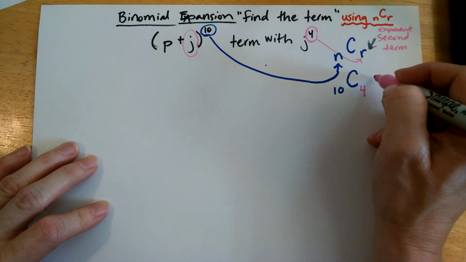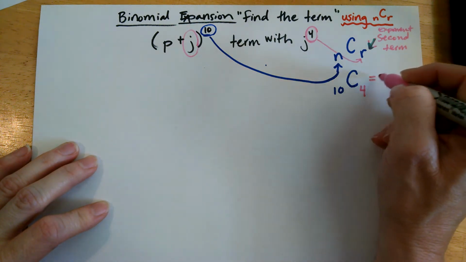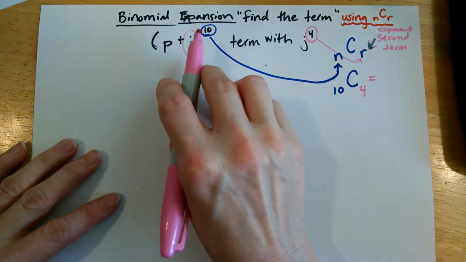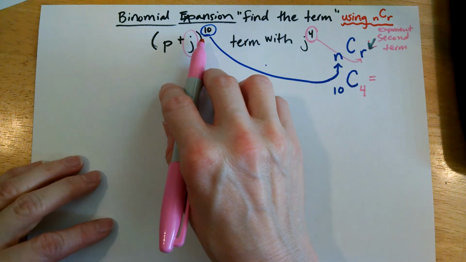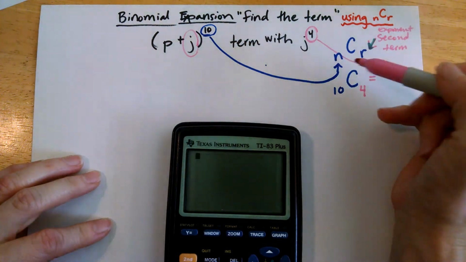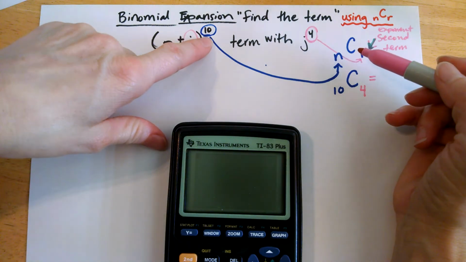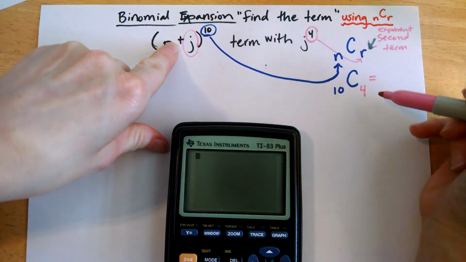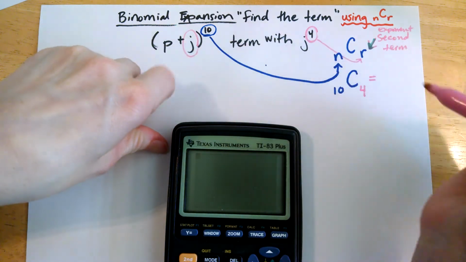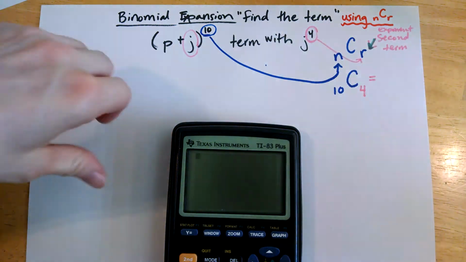And this will give us the coefficient to that term from the Pascal triangle. So we don't have to go all the way to the 10th degree in the Pascal triangle. We can use this in our calculator. So remember, the n relates to the degree of the binomial, and the r relates to the second term exponent that we're looking for.